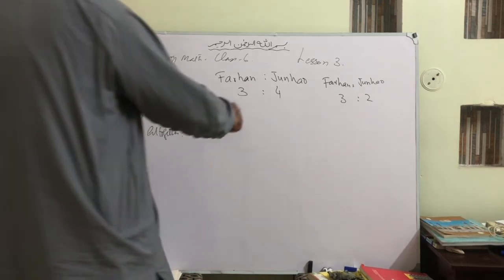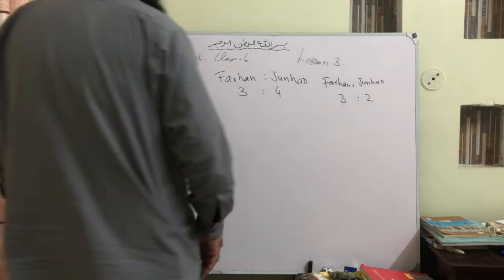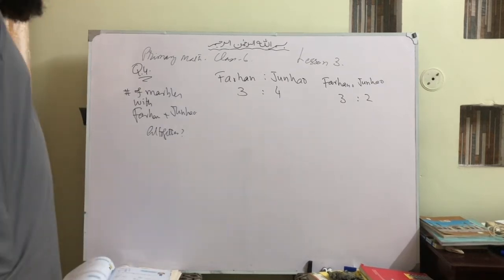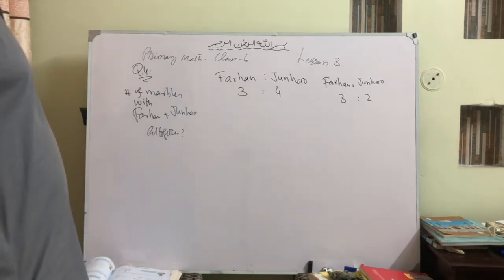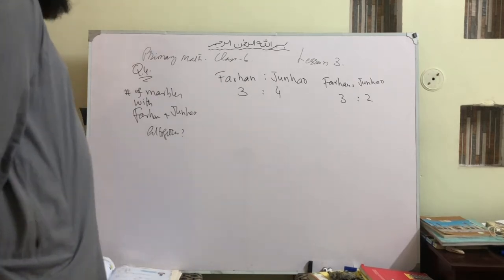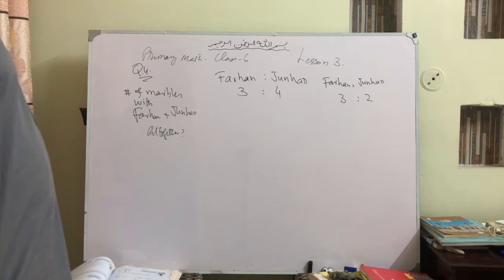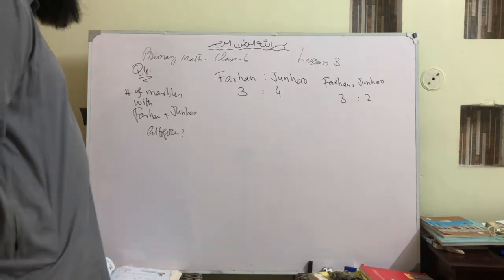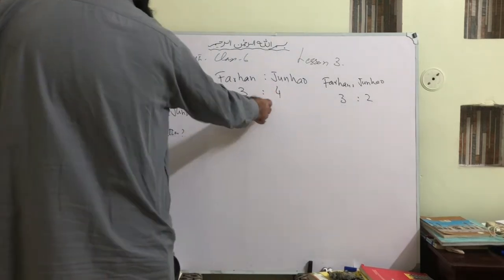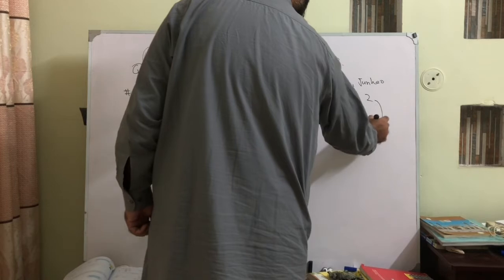There was no change in the number of marbles for Junhao, so we cannot have two different numbers for Junhao. Farhan is getting 15 more marbles, but the marbles with Junhao were the same. So we need to have the same number for Junhao. Here it is 4, so we need to have 4 here.